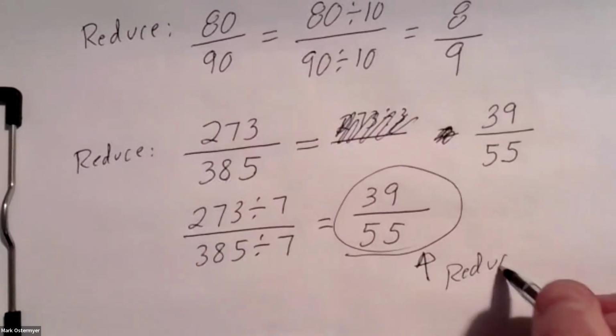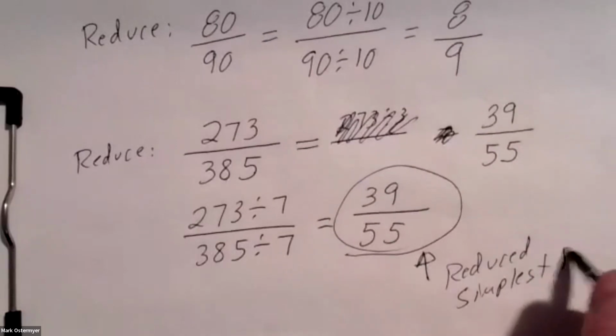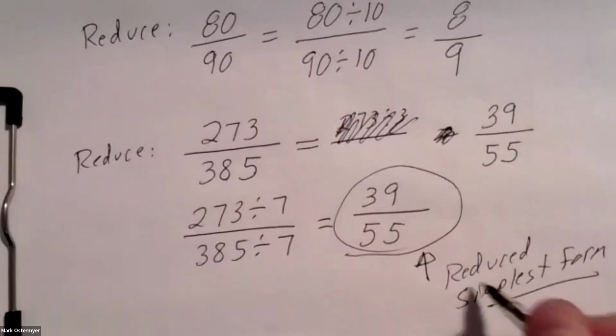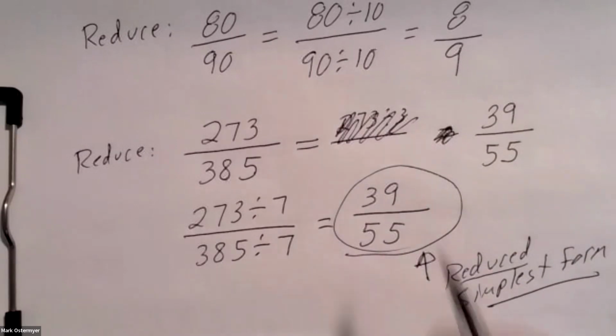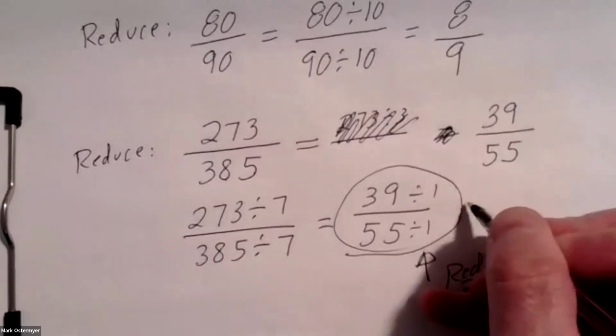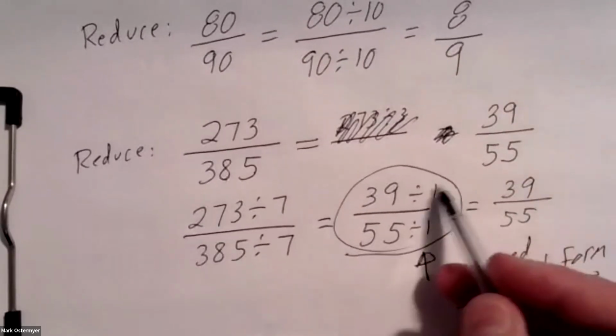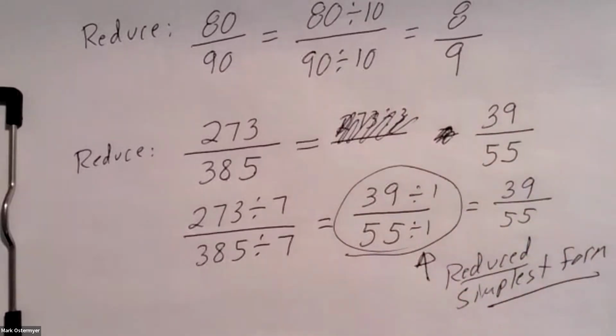That's said to be reduced. Or we say it's in simplest form. That cannot be reduced down anymore because the only number that divides into 39 and 55 is 1. And anytime that occurs for a fraction, we say it's reduced if it only has a common divisor of 1 for the numerator and denominator. All right.